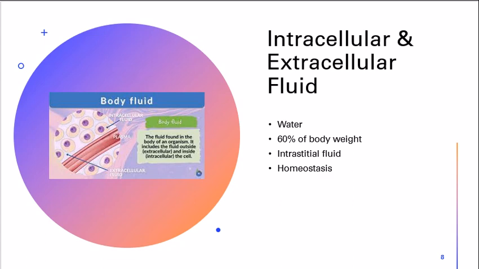The remaining water can be found outside of the cell membrane in the extracellular fluid, extra meaning outside. There's two main components of the extracellular compartment: intravascular fluid, which is found within the blood vessels and outside of the cell membranes, and interstitial fluid, the fluid that is found outside the cell membrane, but not within any defined blood vessels.